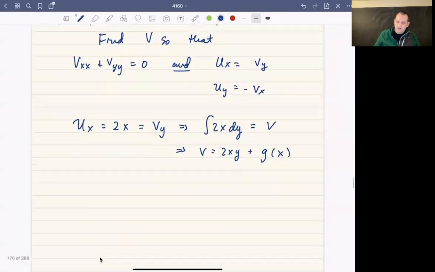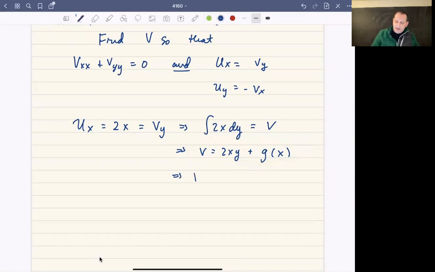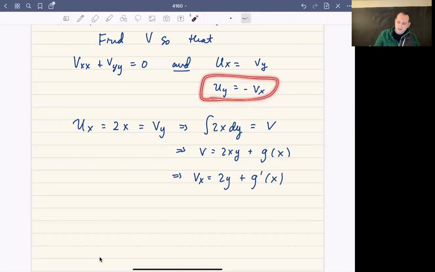Okay, so this does not determine what this function g of x is. But what you can do then is take the partial derivative of V with respect to x. If we take this term and differentiate just with respect to x, what we're going to get is 2y plus some g prime of x. And recall that we want V sub x to satisfy this equation.